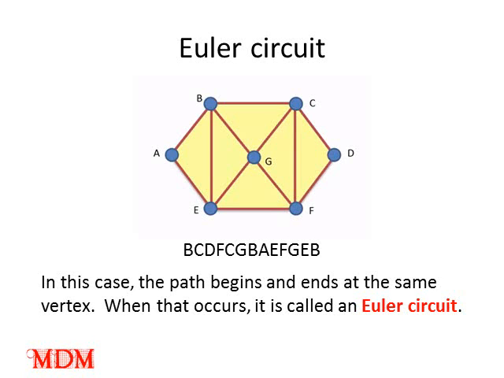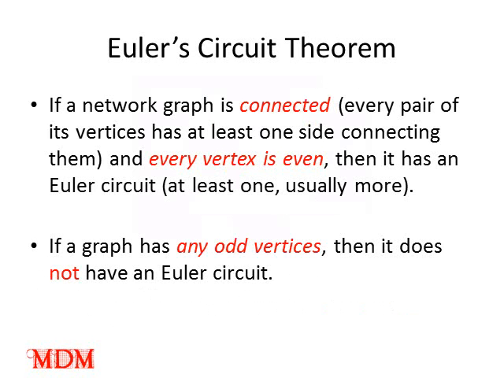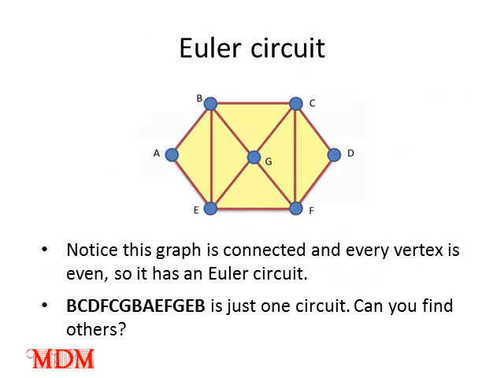So all of them have a degree that's even. Every vertex is even. So it meets the conditions, and we know that it has an Euler circuit, at least one, and it usually has more. Can you find others that would work? That's just one.